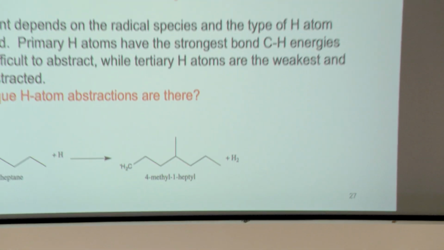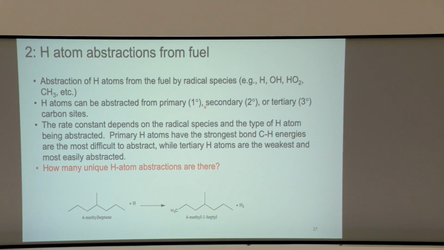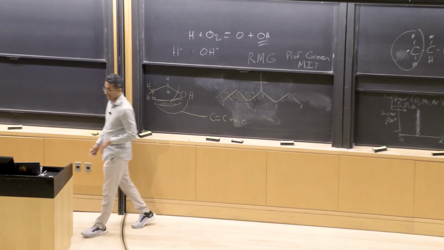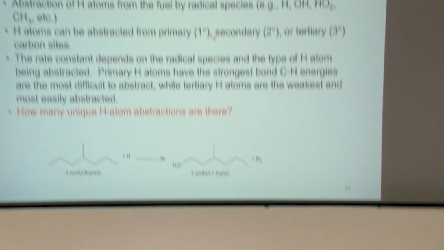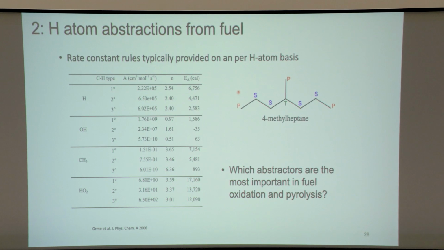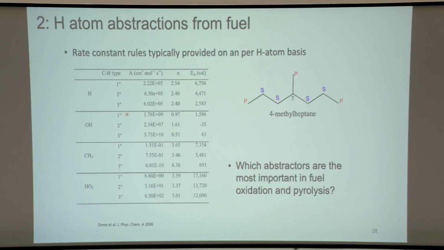We can write the reaction straightforwardly. H plus fuel gives us radical on the 1 site, radical on 2 site, radical on 3 site, and so on. But we need to assign rates. So we typically provide rates on what we call a per H atom basis, okay?